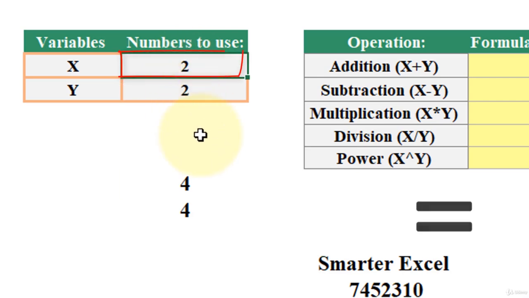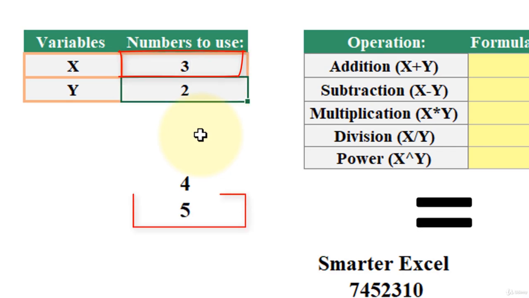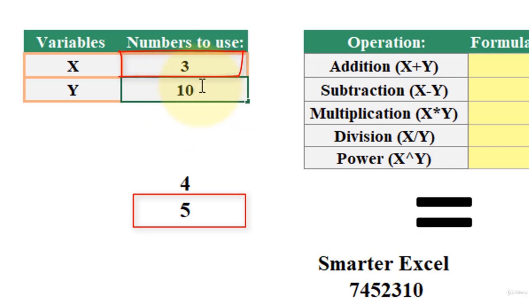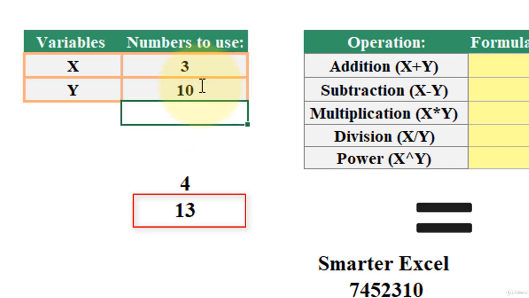So if you change this reference to 3, the final result will be 5. Okay? And so on. If you change the second reference to be 10, the final result will be 13. This is the key difference between cell reference and constant.